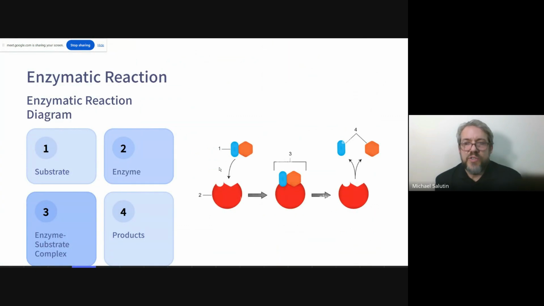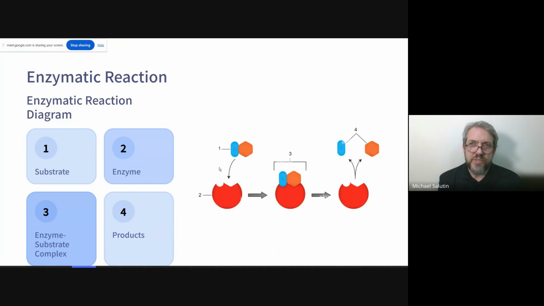Enzymatic reactions: this is a diagram you need to know. You need to understand the different parts and the names of these parts. To explain this reaction, I'm going to use an example that we did in the lab. That was the catalase experiment, where we took catalase enzyme from ground up raw potatoes and added hydrochloric acid to see if a reaction would occur.